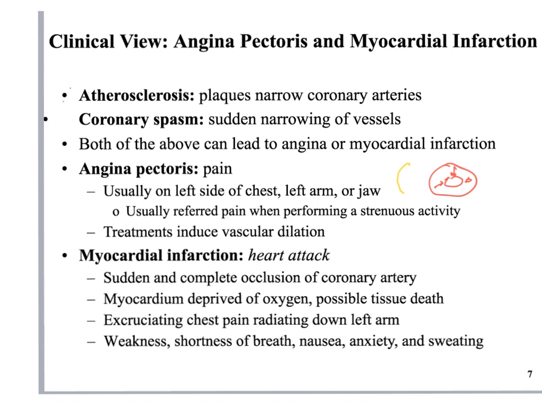Now, if you were a cardiologist, there are different levels of myocardial infarction, some that are prolonged because of a reduction in coronary artery flow where you're actually causing spasms. But we are just going to lump them all together for right now.